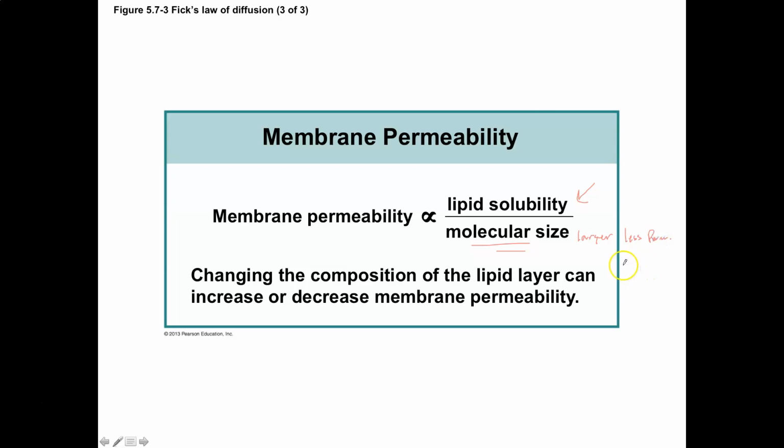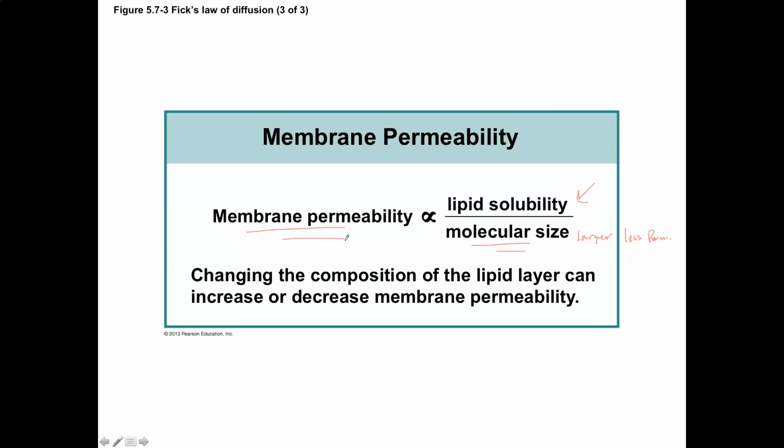It's harder for it to get across the membrane. So smaller molecules and having lipid solubility are going to improve your overall membrane permeability and therefore increase your rate of diffusion. They have a positive effect on Fick's law. So that's a way to quantify diffusion by looking at Fick's law.